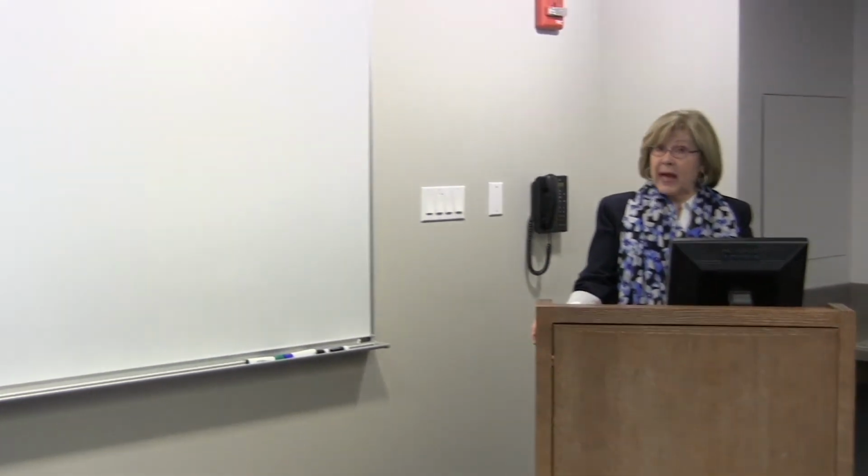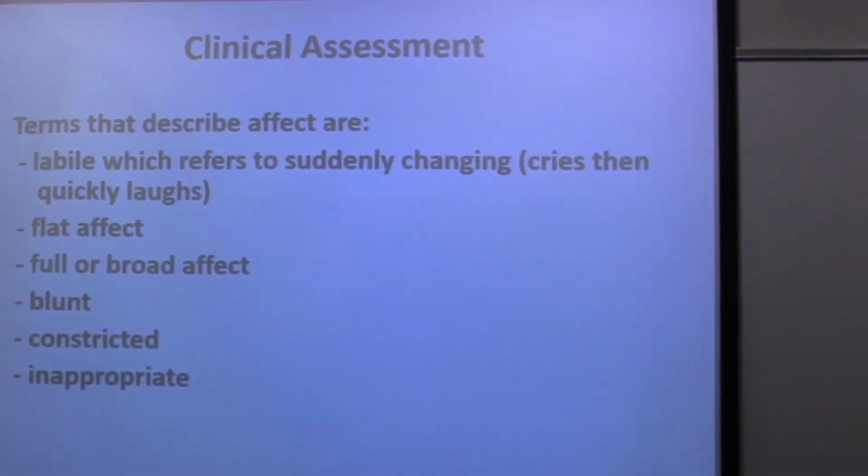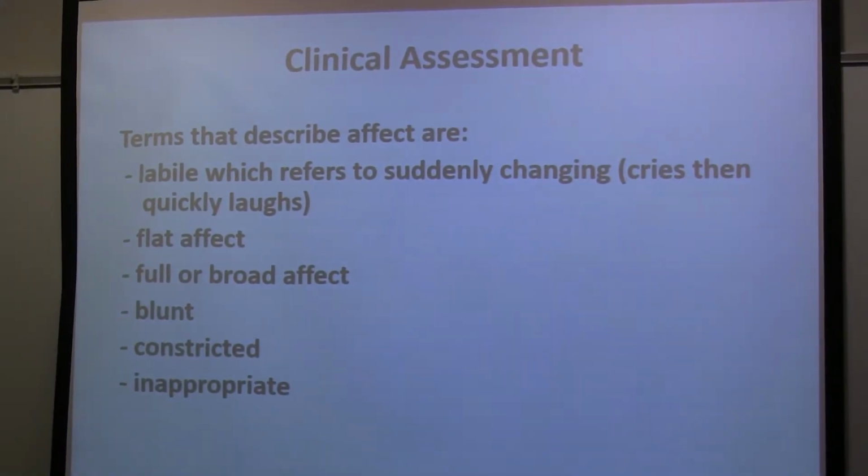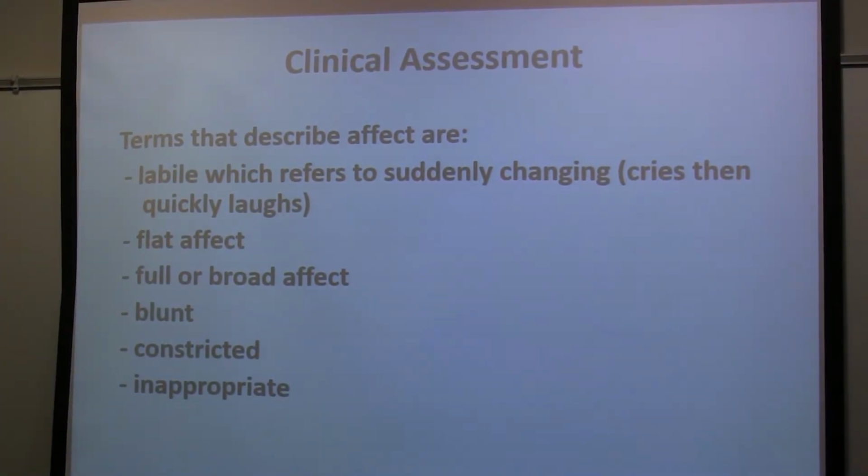So terms that describe affect are terms like labile, which is an important term to know, and that's about suddenly changing, cries, then quickly laughs, or a very flat affect. Flat and blunted are very similar, not a lot of emotion, it's not a full range.